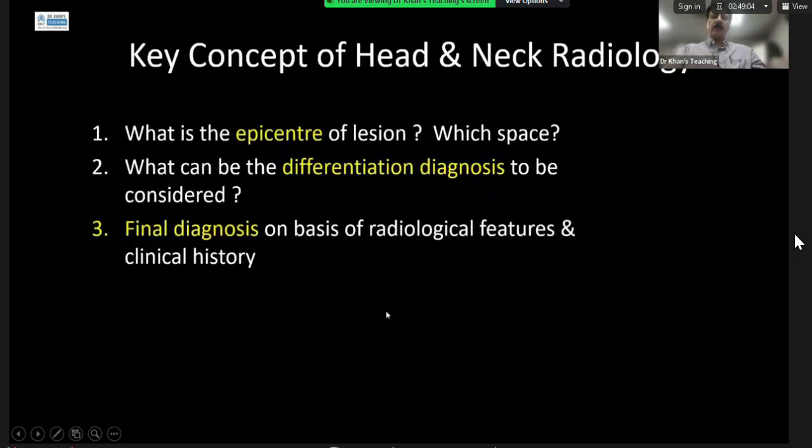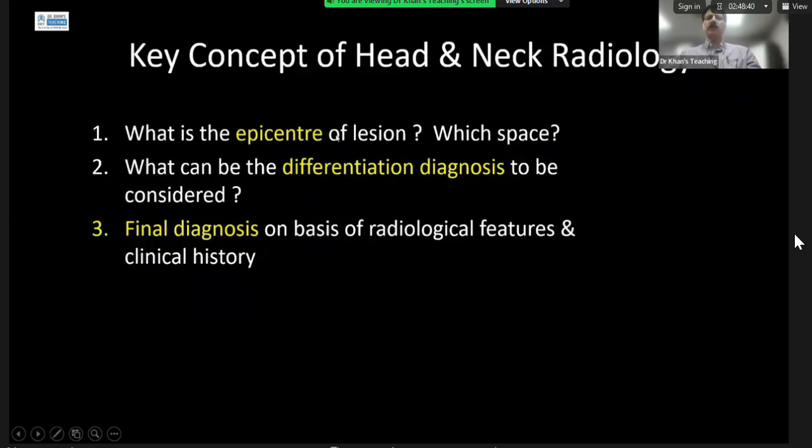So, final point before we start the temporal bone: what is the key concept in head and neck radiology? These are 3 points. First of all, ask yourself what is the epicenter of the lesion, from where it is arising. And if it is in the neck, which space it is arising from. Epicenter is critical.